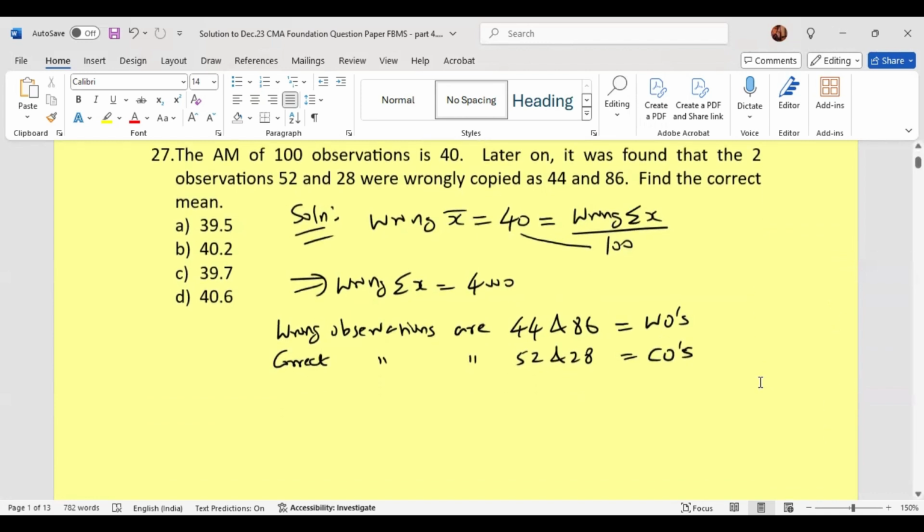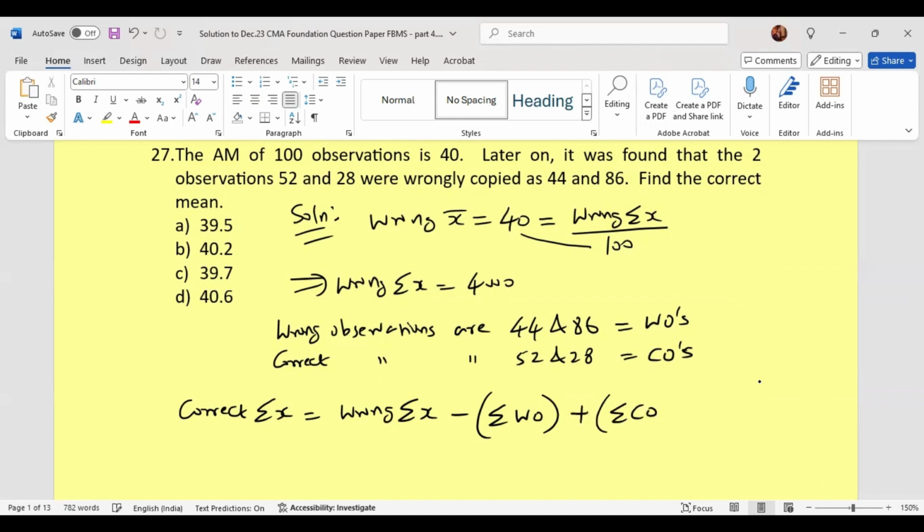So now to get the correct summation of x, we'll be considering the wrong summation of x minus, we will subtract the sum of the wrong observations and then add the sum of correct observations, which means 4000 minus wrong observations will sum it up, which is 44 plus 86, plus correct observations will sum it up, 52 plus 28.